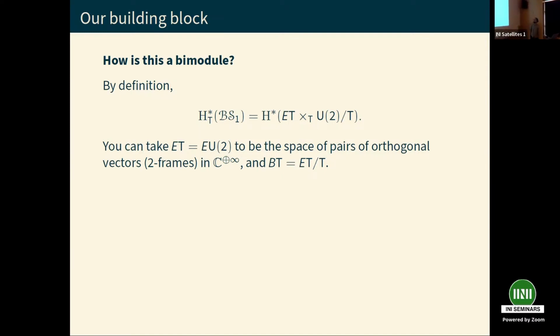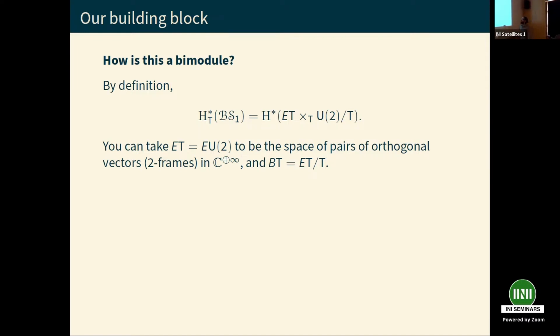In this particular situation of a torus in a unitary group, I can take this space ET to be frames in infinite-dimensional complex space. So the pairs of orthonormal vectors, you have a torus action on this thing. It turns out to be contractible, so it works for ET. Then your classifying space is obtained by modding out the T action.